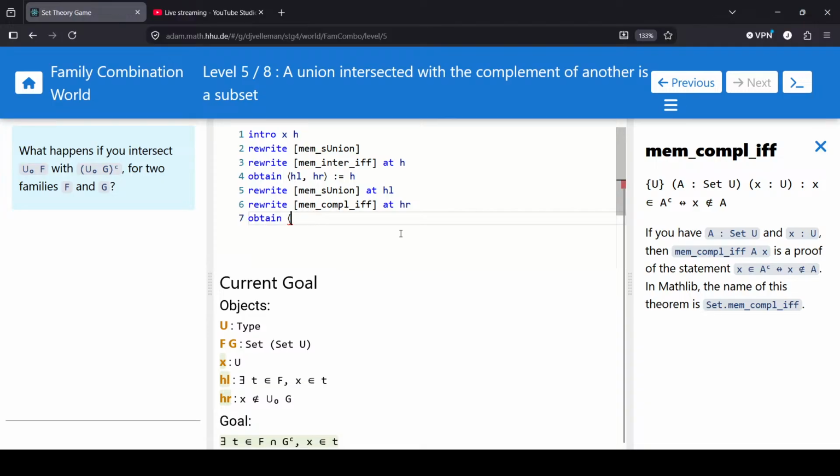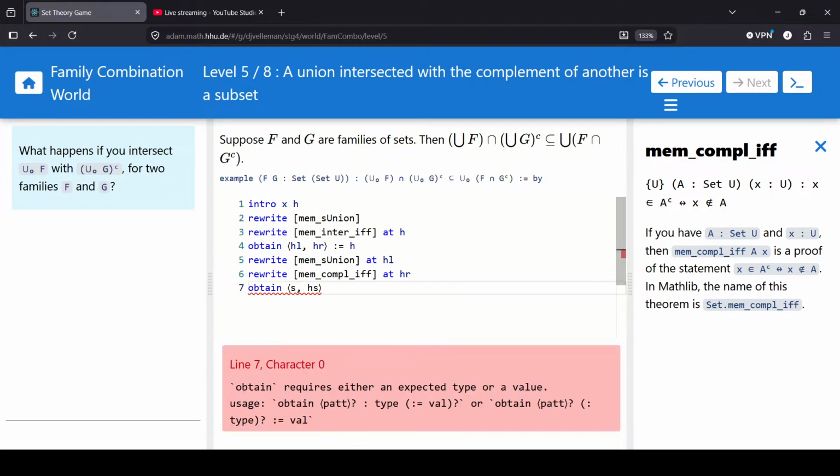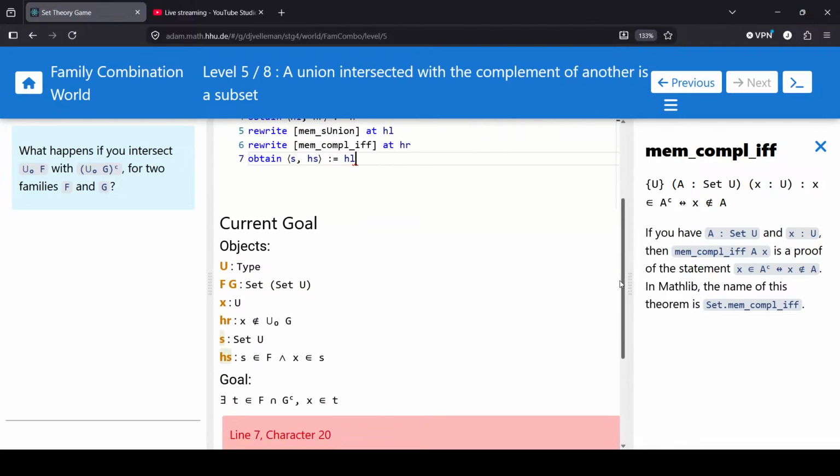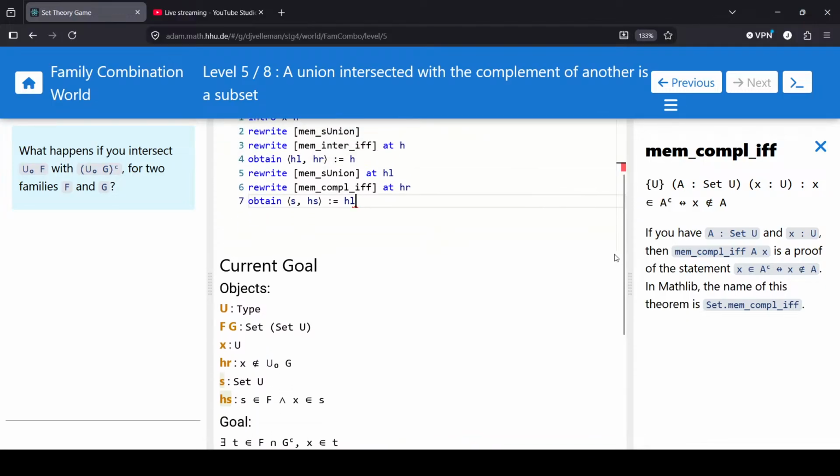Actually, I'm going to go, that's what they do. Yeah, we'll go S and then HS is that.